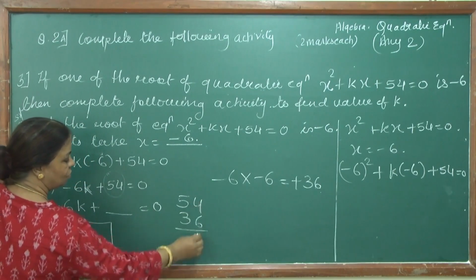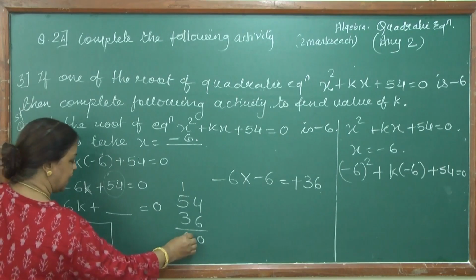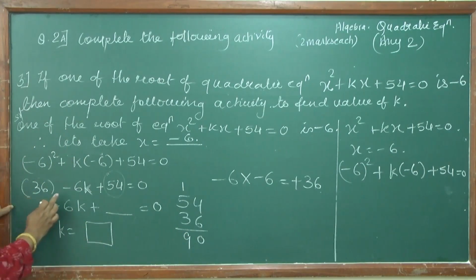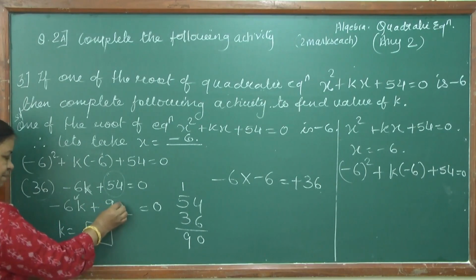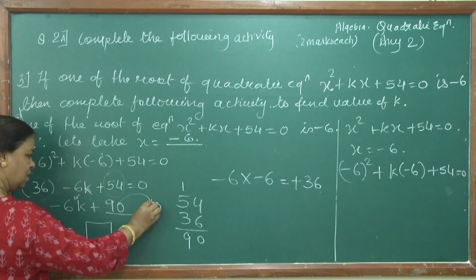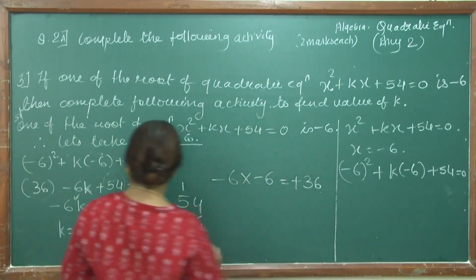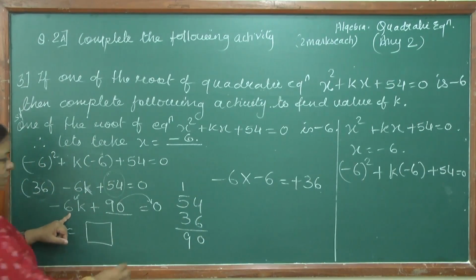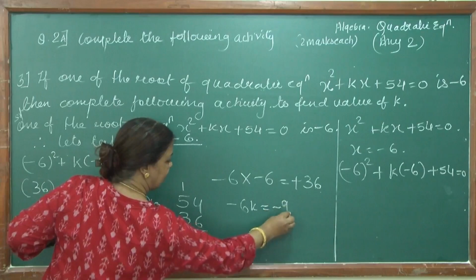6 plus 4 is 10, carry 1. 5 plus 3 is 8, plus 1 is 9. So it is 90. Minus 6k is here, and this plus this is 90. Now 90 will go to the other side. So minus 6k is equal to minus 90.